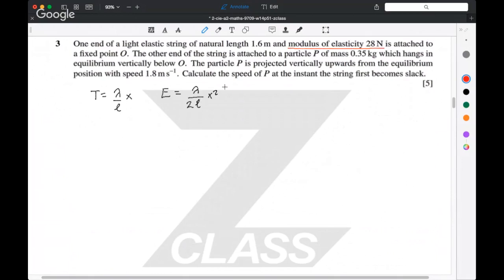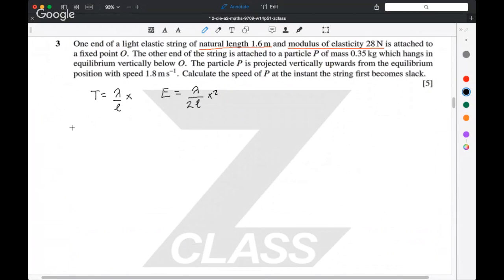L is the natural length, which we're given, and x is the amount that it's been distorted, so the extra amount that it's stretched, or if it's compressed, the amount that it's compressed. So whatever the difference is between the natural length and what its length in the problem is.